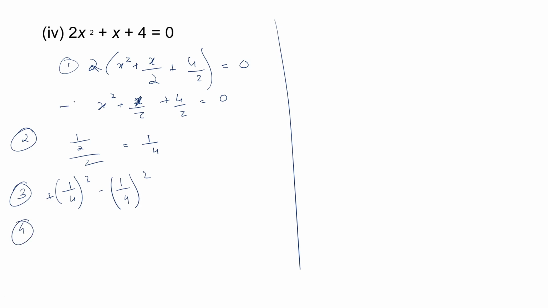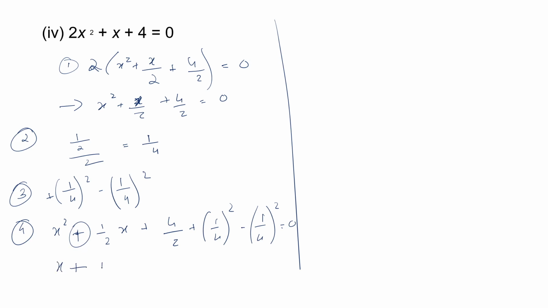To the first equation. So x square plus 1 by 2x plus 4 by 2 plus 1 by 4, right. This is done. So now see the sign of x, it is plus, so here it will be x plus 1 by 4 whole square.